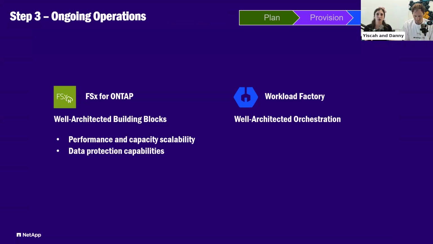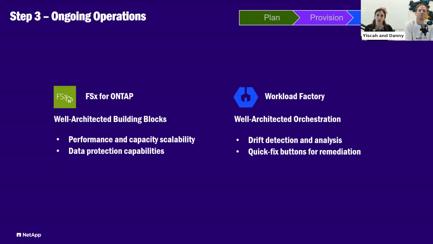So we're seeing how on the operational side, FSx for ONTAP gives us those well-architected building blocks, the ability to optimize performance and scale according to evolving needs, and those data protection capabilities, where Workload Factory is the orchestration tool that we can use to save us time by automatically detecting drifts and monitoring our environment on an ongoing basis, and giving us those quick fix buttons that we love, actionable remediations that we can use immediately.